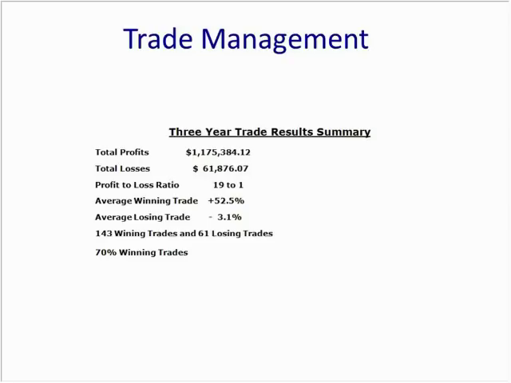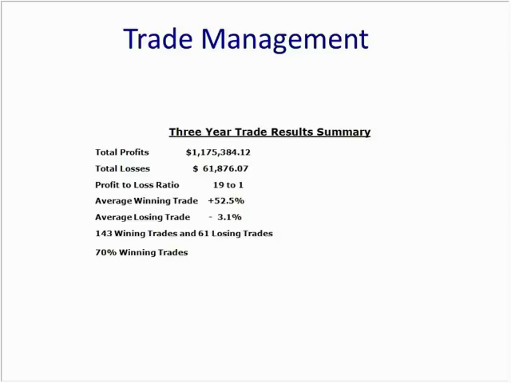So you only need to win on a very small percent of your trades when you use these type of money management rules. So again, we could have 10 or even 15 of these losing trades, and the portfolio would still be profitable because of the size of our average winning trade.